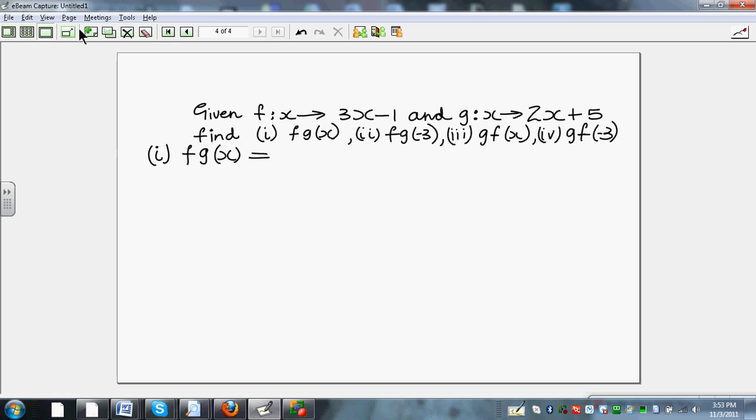Now, in order to find fg of x, we revisit what we learned. What we learned is that in the function on the left, wherever we see x, we will replace it with the function on the right. So in the function on the left, which is f, let's write that down. Function f of x is 3x minus 1.